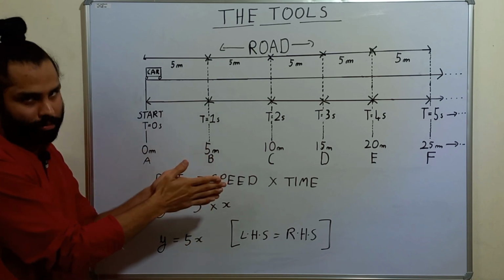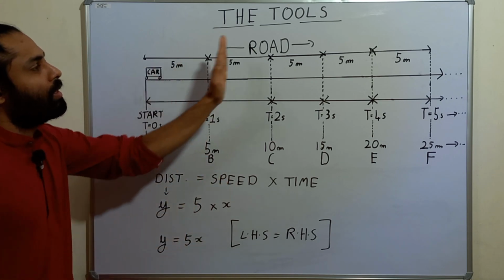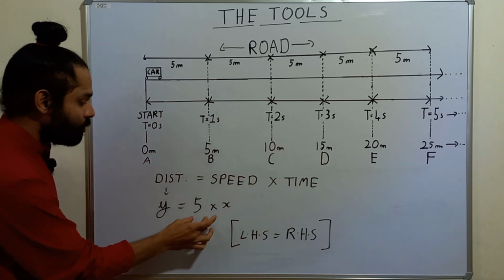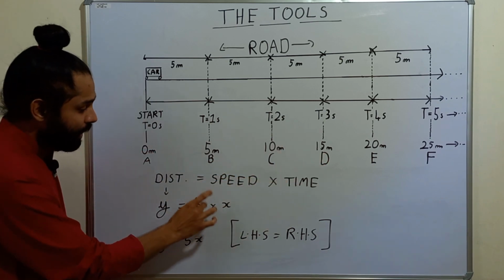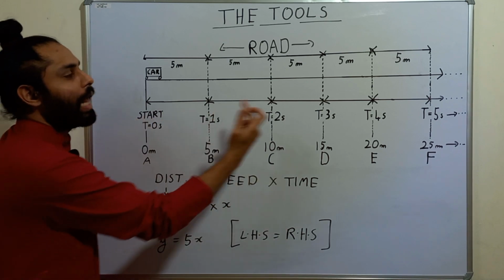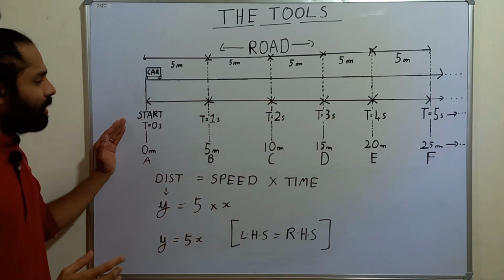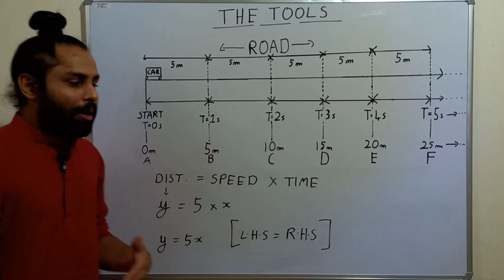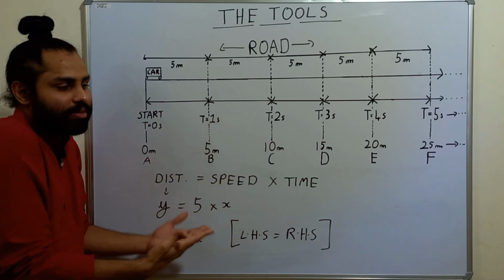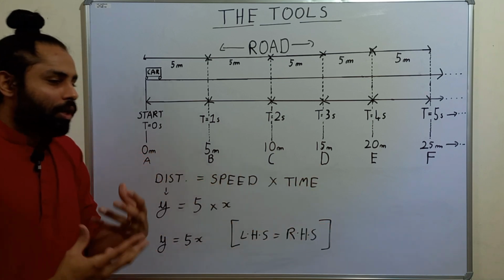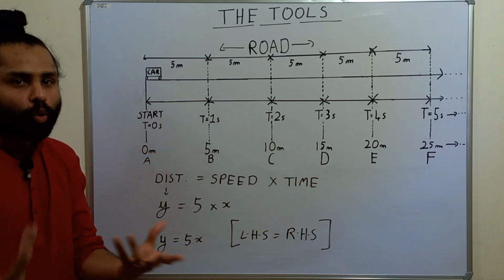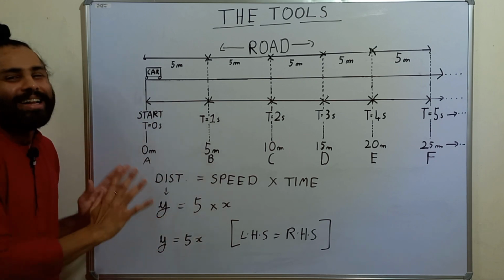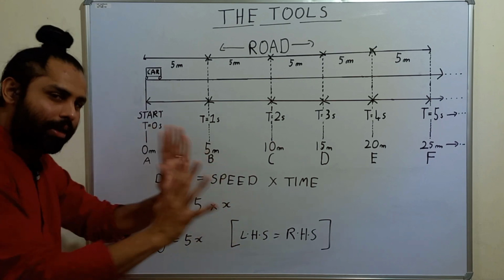In this case, we know that the speed is constant. Cruise control, 5 meters per second. So the speed is 5 into the total time elapsed from the start. Now, I know that we've used the letter T for time, but because we are setting ourselves up for the entire mathematics course, usually when we have an unknown quantity or a varying quantity, we use letters like X and Y. That's why I'm trying to fit it into that kind of framework.